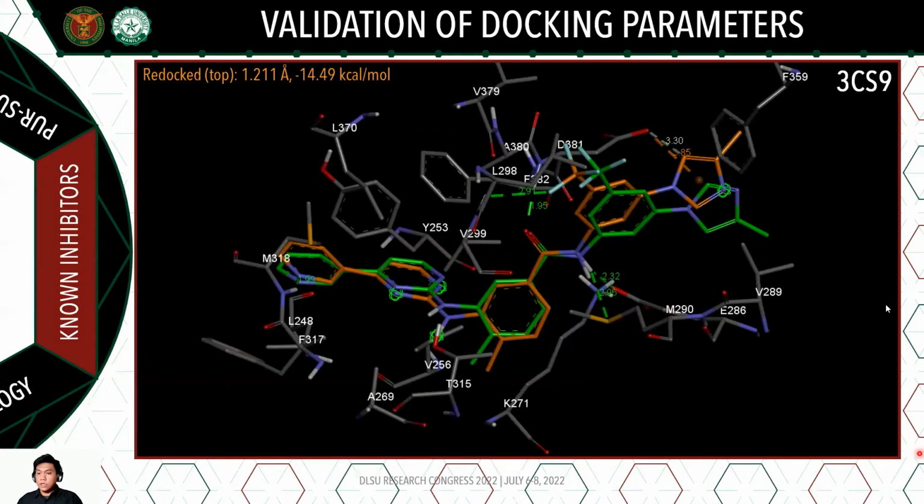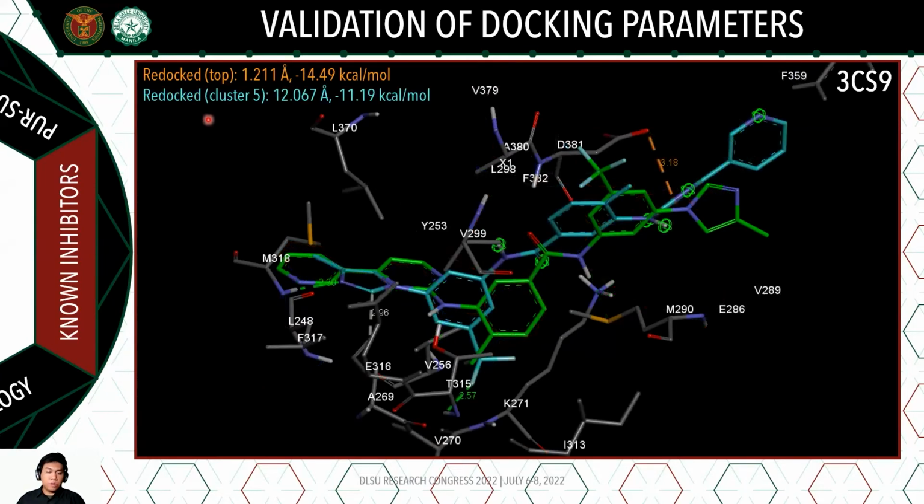For the validation of docking parameters, you can see here that the green molecule is the original pose, whereas the orange one is the redocked pose. The RMSD of the two is less than 2 angstroms, which means that the redocked pose is not significantly different than the original pose. So using the grid and docking parameters, we were able to reproduce the original pose of the native ligand.